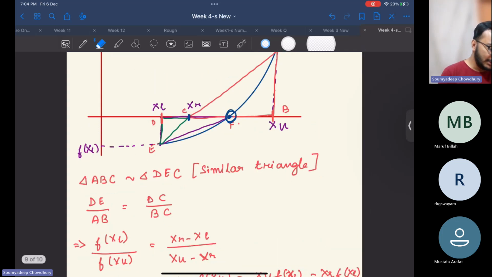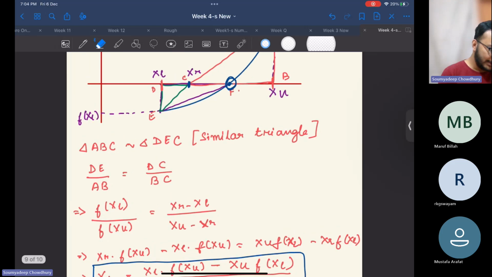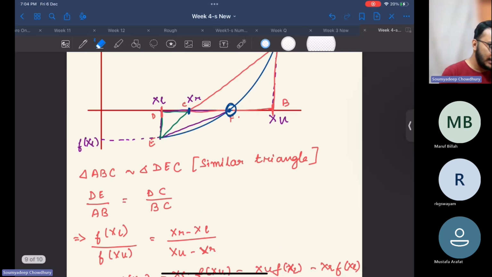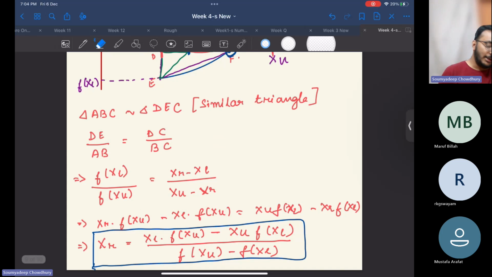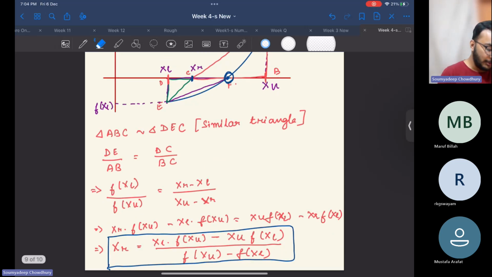If we substitute, DE is f of XL, and AB is f of XU. DC is XR minus XL, and BC is XU minus XR. If we substitute this, we can find a formula for XR, the point between XL and XU. XR is equal to XL times f of XU minus XU times f of XL, upon f of XU minus f of XL. So this is not the midpoint, right?